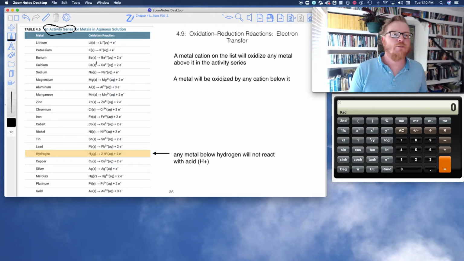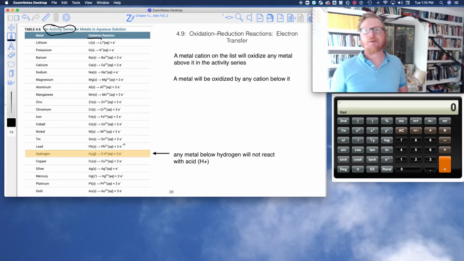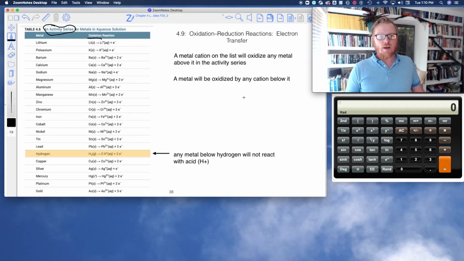Okay. Well, look, first I want you to note all of these reactions are written as oxidations, right? We see that? They're all written with electrons as products. So electrons are being lost, right? Oil rig, oxidation is loss. So now there's 3 points to keep in mind from this, okay?